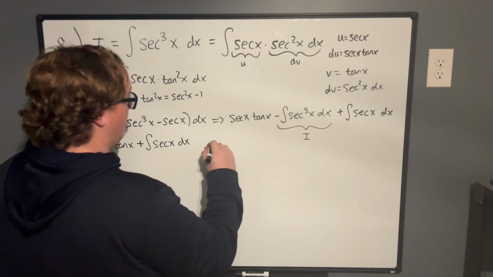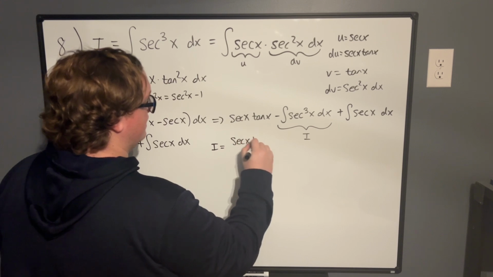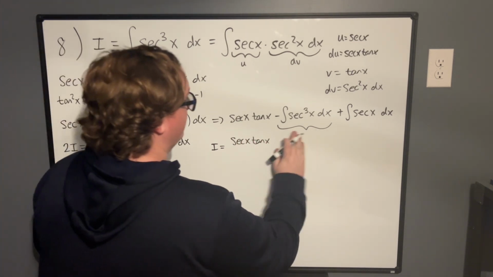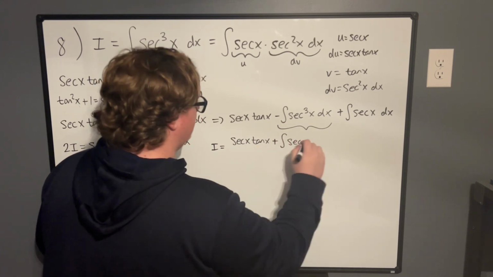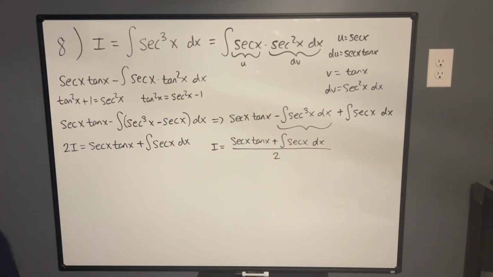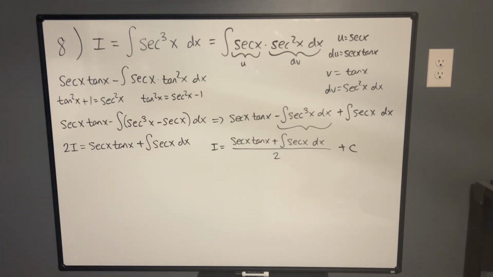So we have I is equal to secant x tan x plus the integral of secant x dx, all of this over 2, plus c, don't forget that, because it's indefinite. This is a value, but we still need the integral of secant x.